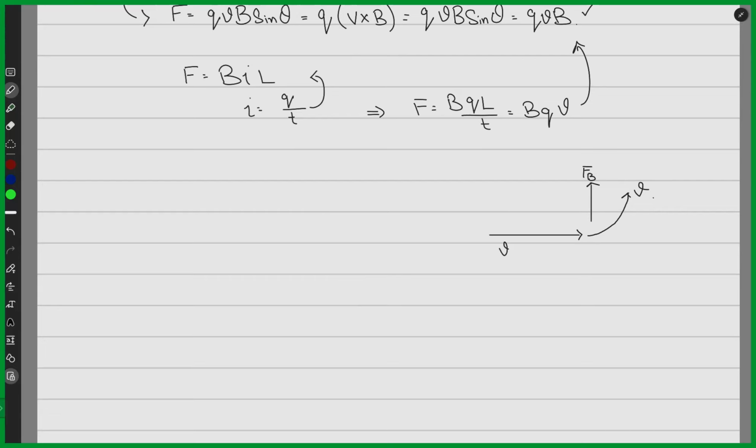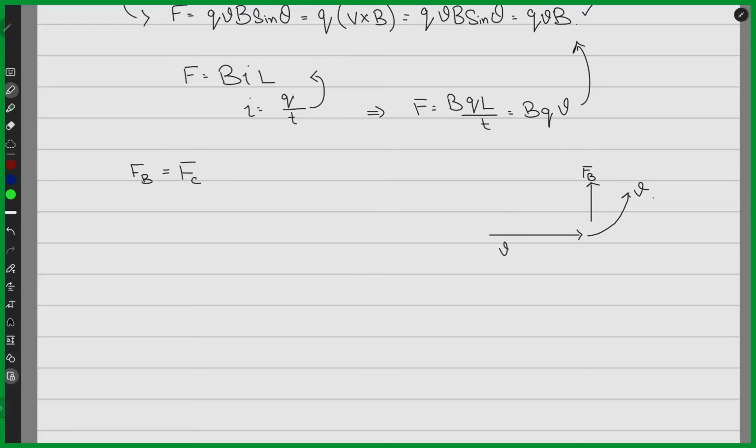That means this magnetic force was solely responsible for providing the centripetal acceleration, or the centripetal force, which means that the magnetic force FB is providing the centripetal force, which is FC.